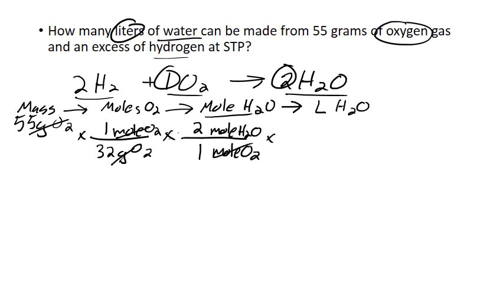The last step is converting the moles to liters. Again, I want to put liters on top and moles of H2O on the bottom so it cancels out. For every 1 mole of anything, you have 22.4 liters of that substance. And this is my setup right here. That gives me my answer in liters of water.